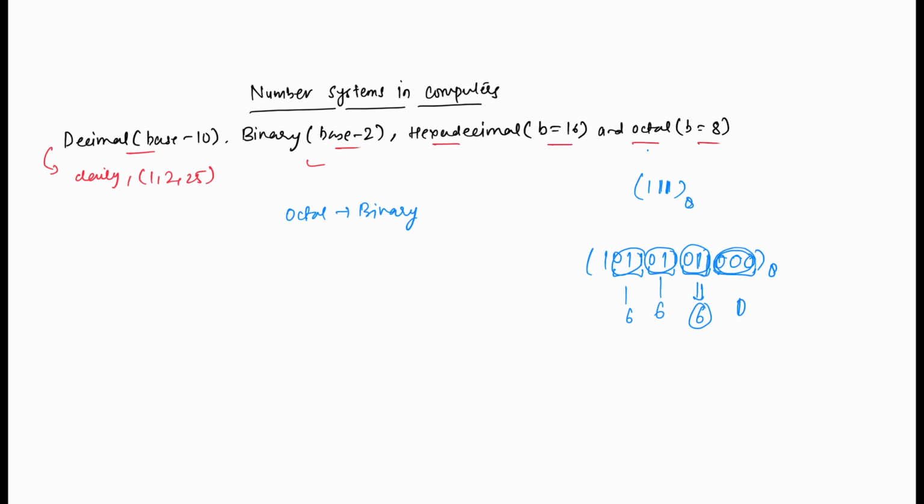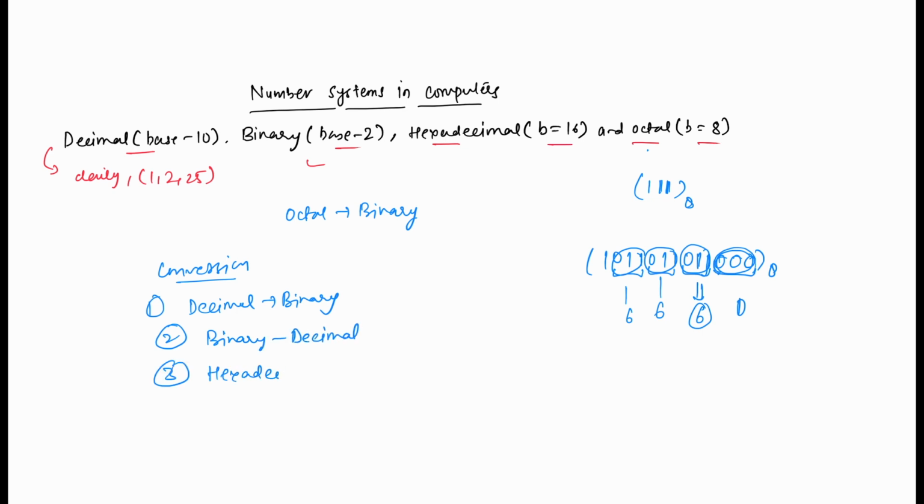So the questions that could be asked are conversions of what? First, decimal to binary, or binary to decimal, hexadecimal number to decimal, or vice versa, decimal to hexadecimal and binary to hexadecimal.